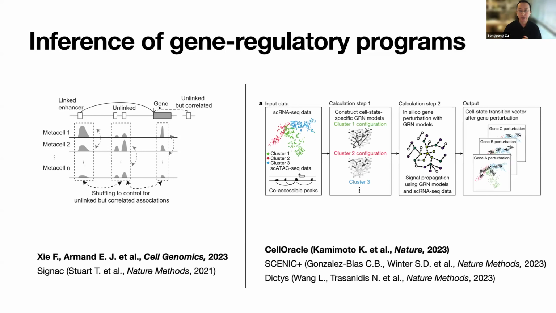And for the other part, we use the latest methods; there are lots of methods for gene regulatory networks, such as CellOracle or SCENIC+ and so on. The basic idea for this part is different compared with the first one, in that they only consider the transcription factors.